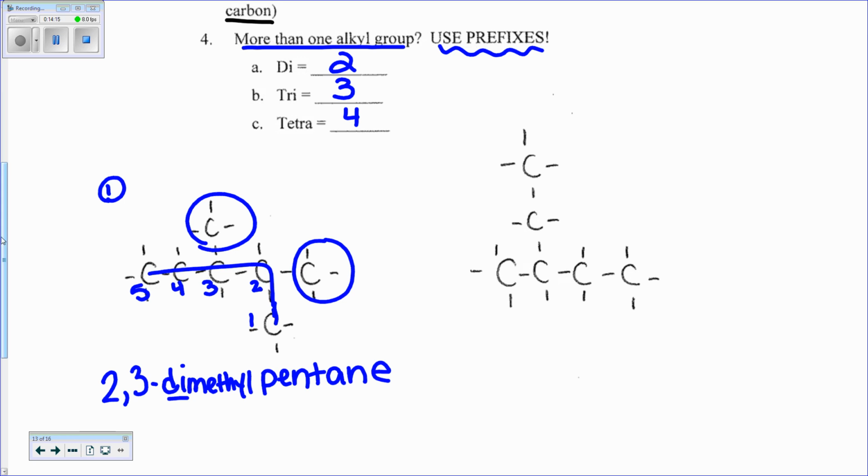All right, let's do this one. Let's see how many I can touch without picking up my finger. 1, 2, 3, 4. No, I can actually get more if I do this. 1, 2, 3, 4, 5. So again, I've got a pentane.